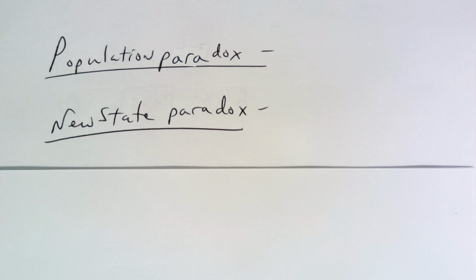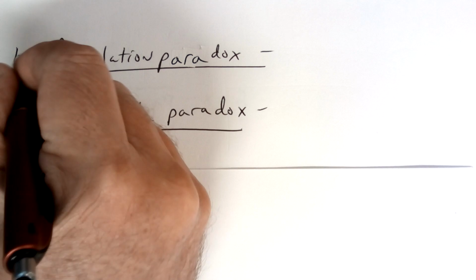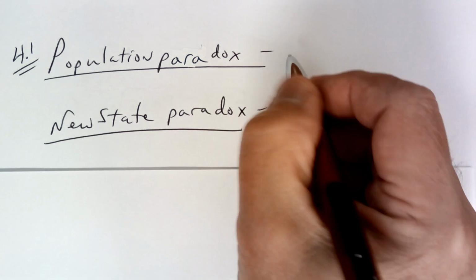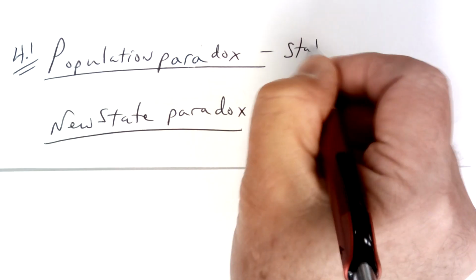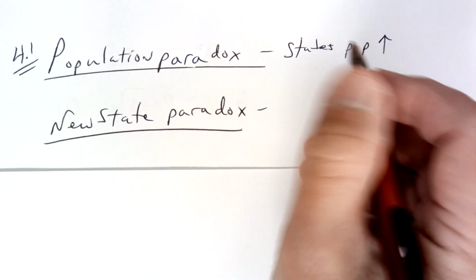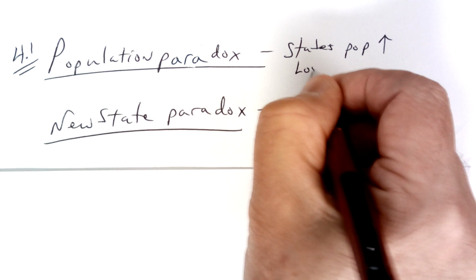Okay, let's wrap up 4.1. Population paradox. That's where your state's population increases, but you actually lose a representative.